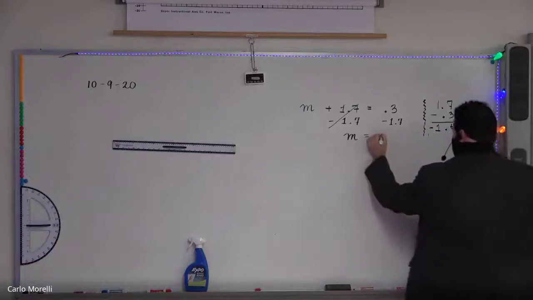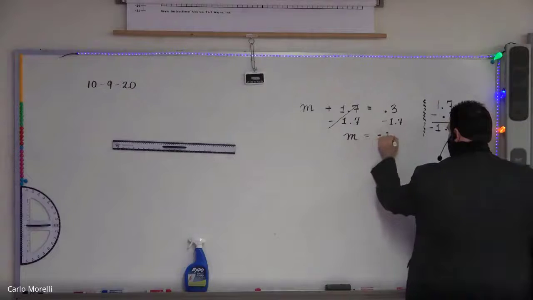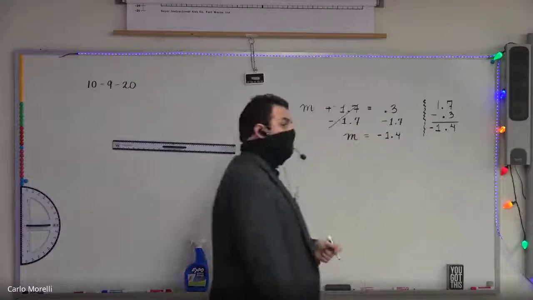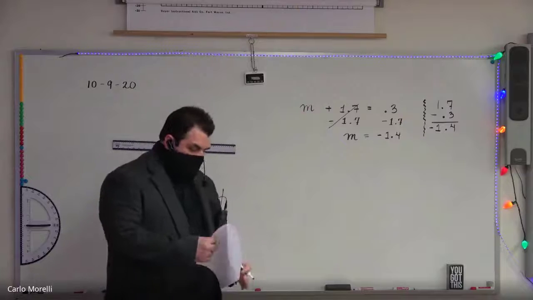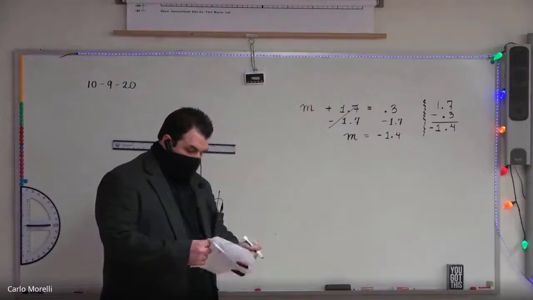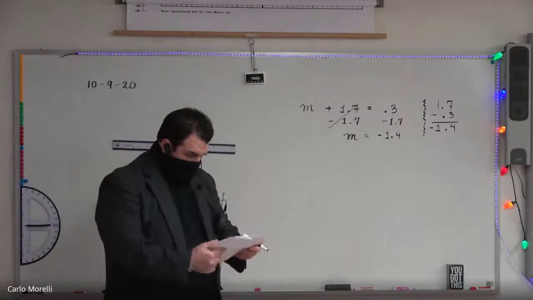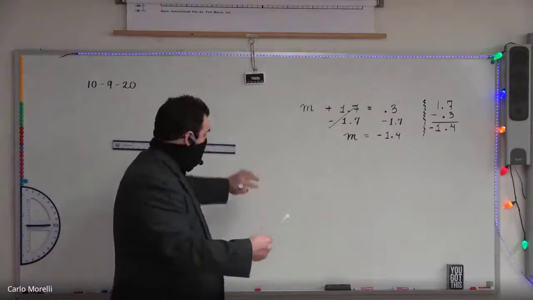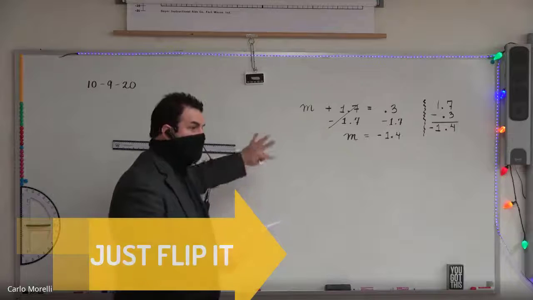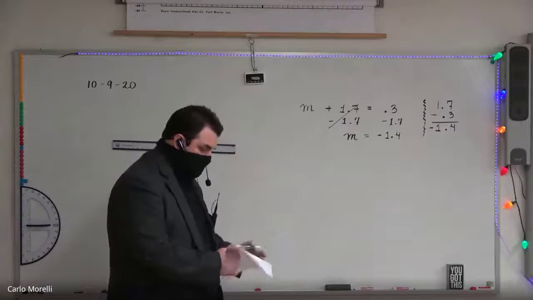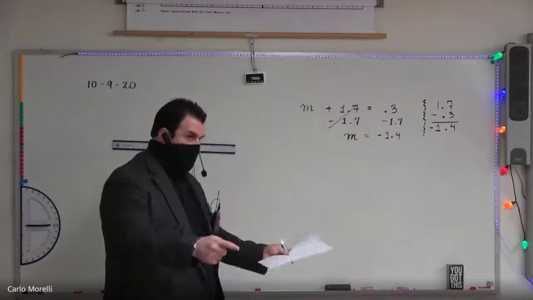So m is negative 1.4. Okay? Remember, just flip it. Multiply by the reciprocal, okay? Go ahead and start working on this.